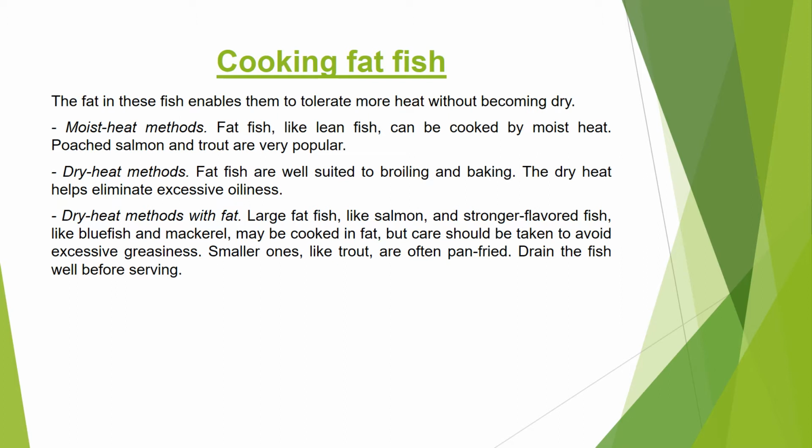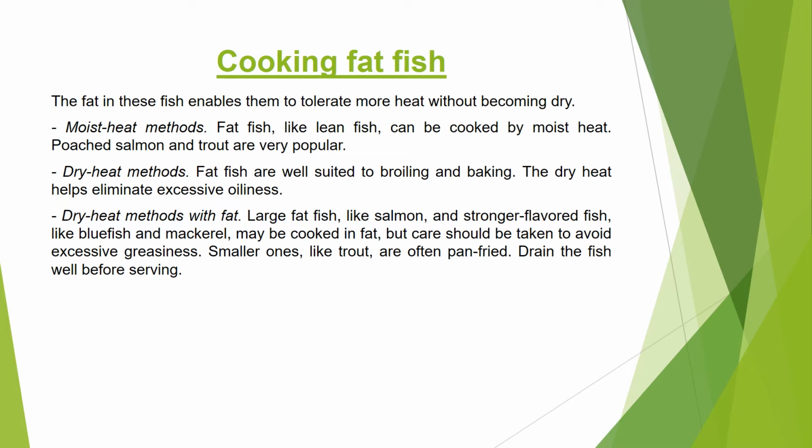All right, so cooking fat fish. Yeah, very good. This is a very interesting part. The fat in this fish enables it to tolerate more heat without becoming dry. Moist heat method. So again, the moist heat method consists of water, any type of liquid.